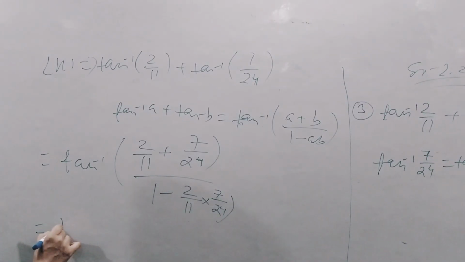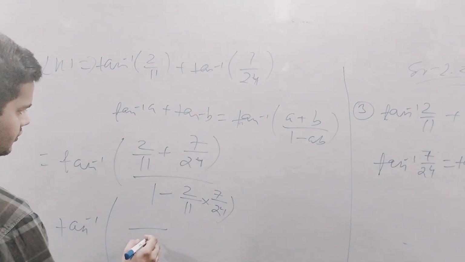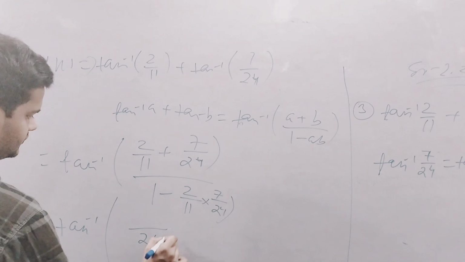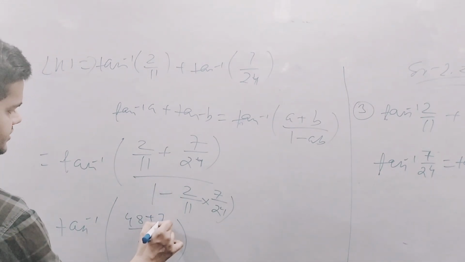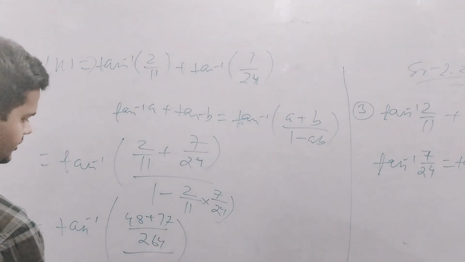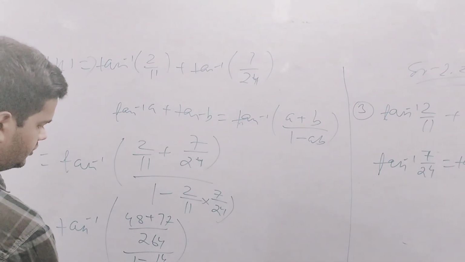Okay, so the LCM here is 264. So this becomes 48 plus 77, and in the denominator it is 264 minus 14 upon 264.